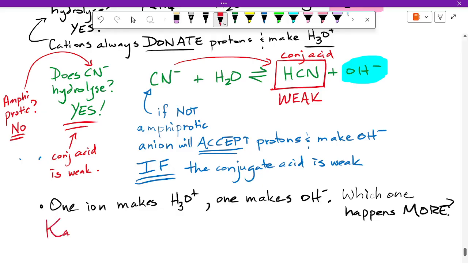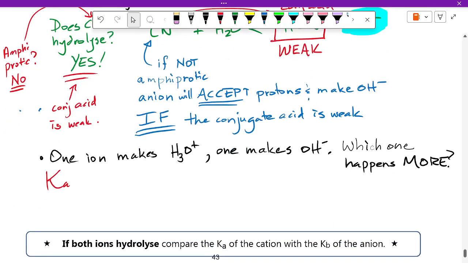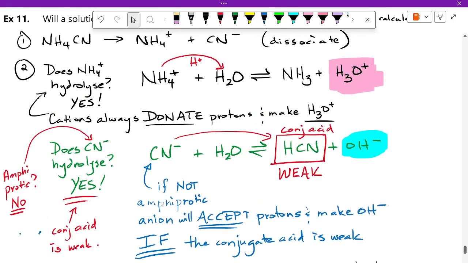The Ka I'm looking at is for what substance? NH4 plus, because that's the thing that is making the hydronium. And that one's easy. We just look it up. No calculation involved. Ammonium is 5.6 times 10 to the negative 10.